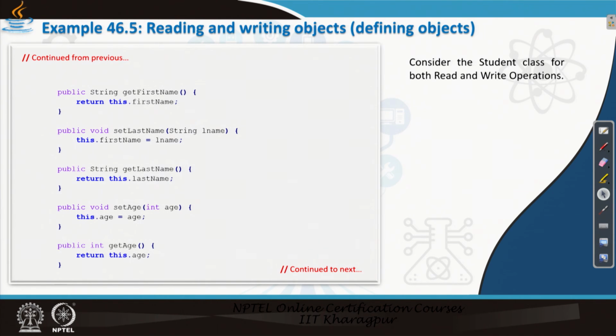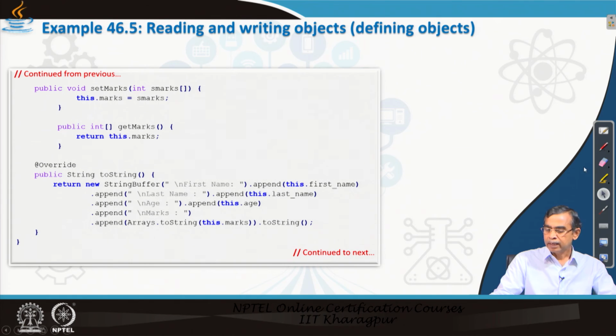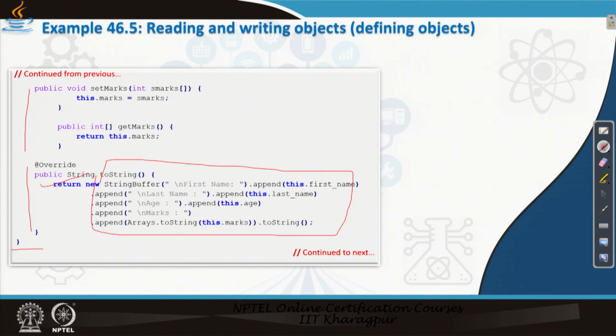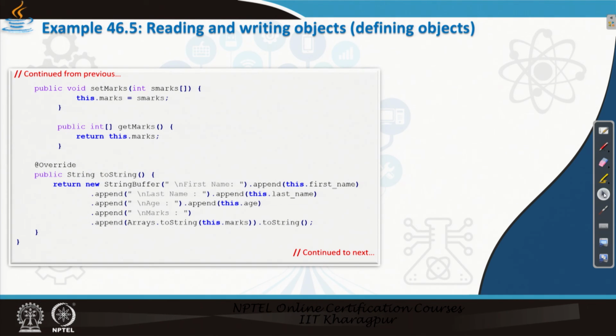This is a continuation of the class declaration: another setter and getter method, and a method that converts the different field values into a string, so that we can nicely display the student object. This completes the declaration of the class Student, which we can consider for storing and retrieving the data related to this object.